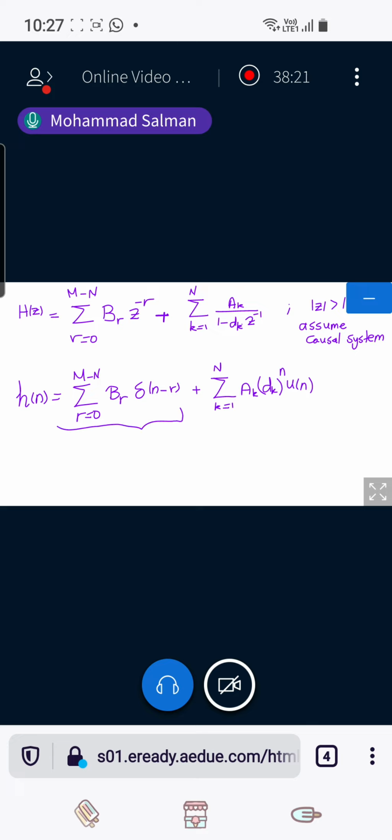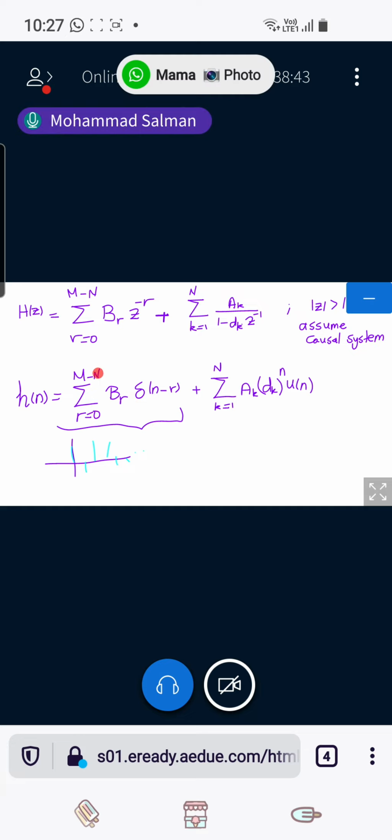Now let's look at this part. If I try to draw it, it's the deltas, the b sub r deltas. So if I draw it, it's something like this, whatever the values are, right? How many samples do we have here? We have from r equals 0 until capital M minus N. So how many samples?